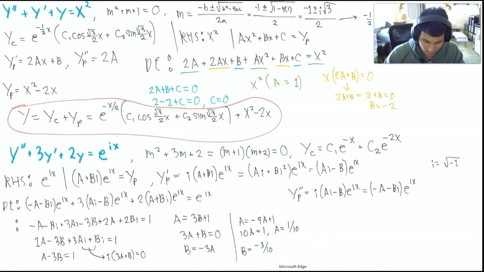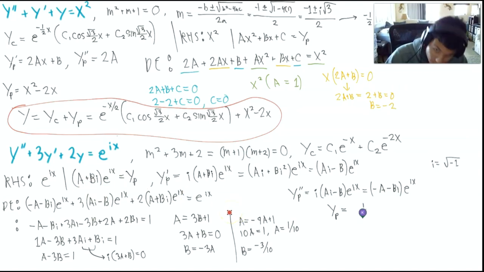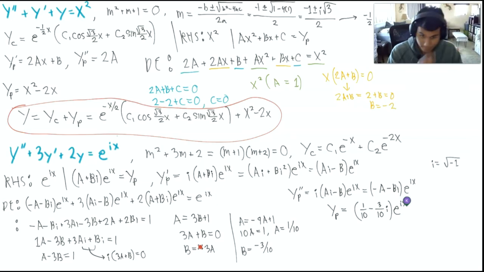Now we can rewrite yp. Where was yp originally? It's right here. So let's replace a and b with numbers. It'd be 1/10 plus, what's b, minus 3/10 i, all times e to the ix.